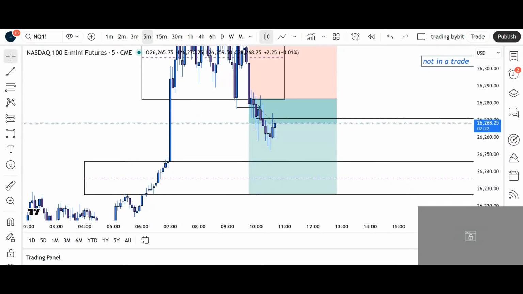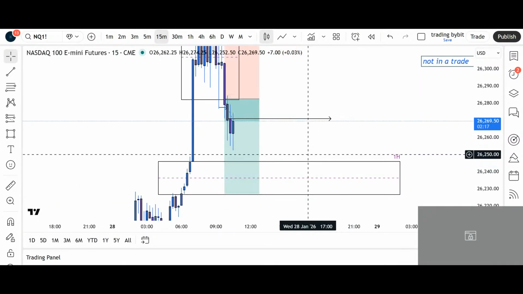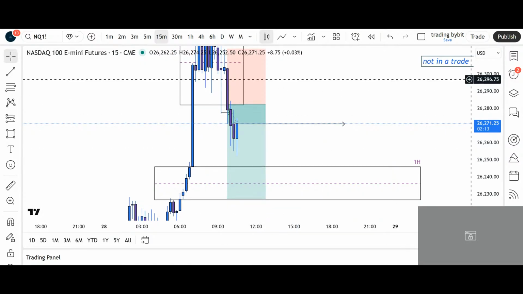Yeah, this looks like it wants to come back to your entry right now. We got about 2 more minutes. In this next 2 minutes, this candle needs to drop immediately back over. We're going to see it hit that entry.